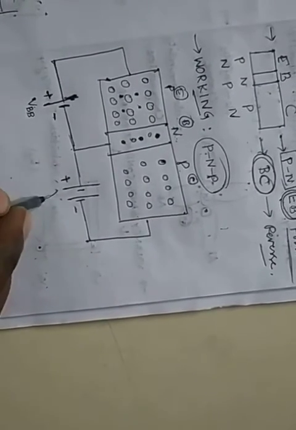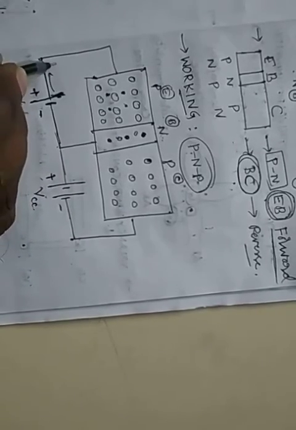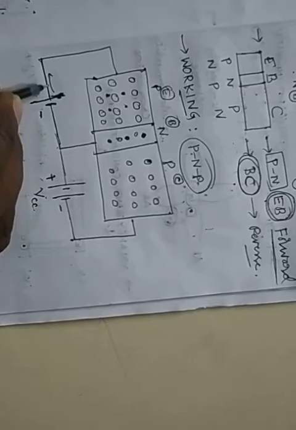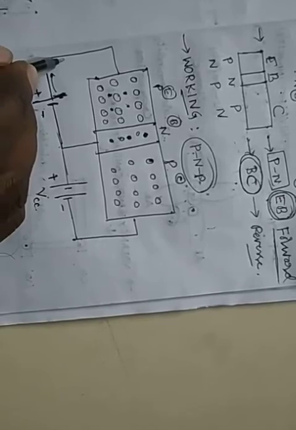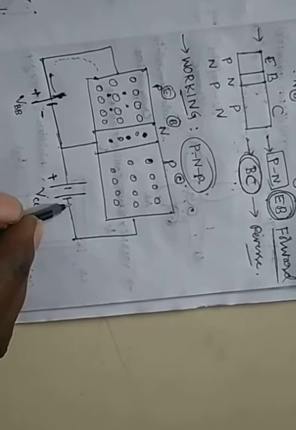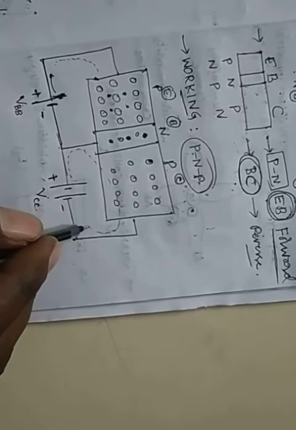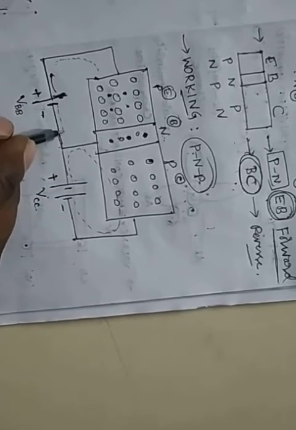This is the input battery VEB and the output battery VCC. The electrons in the external circuit come out from minus to plus.